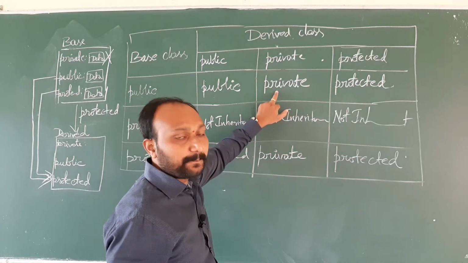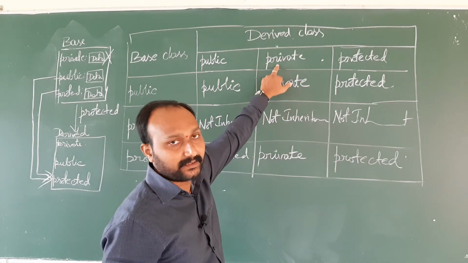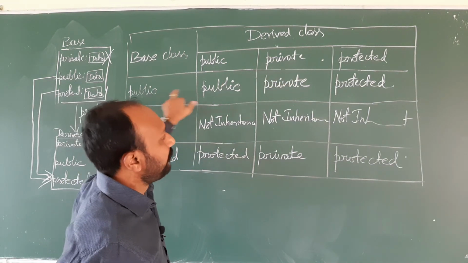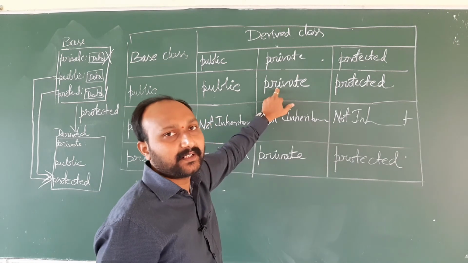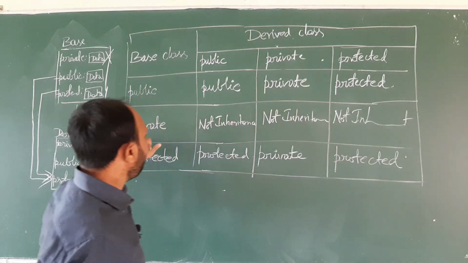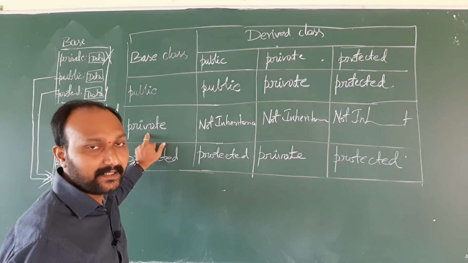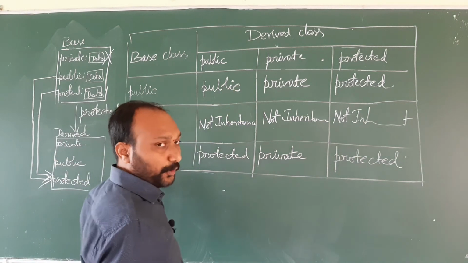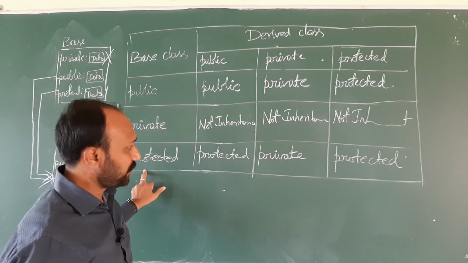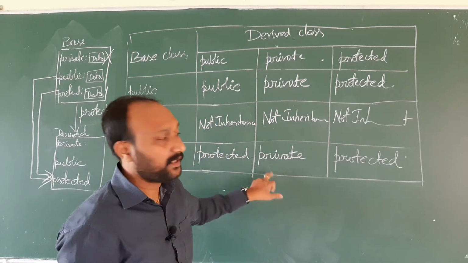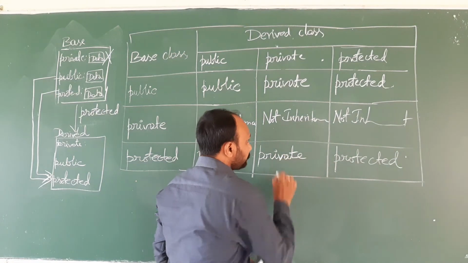If we choose private inheritance, then public members of the base class will become private members of the derived class. Private members of the base class cannot be inherited. Protected members of the base class will change over to private members of the derived class.